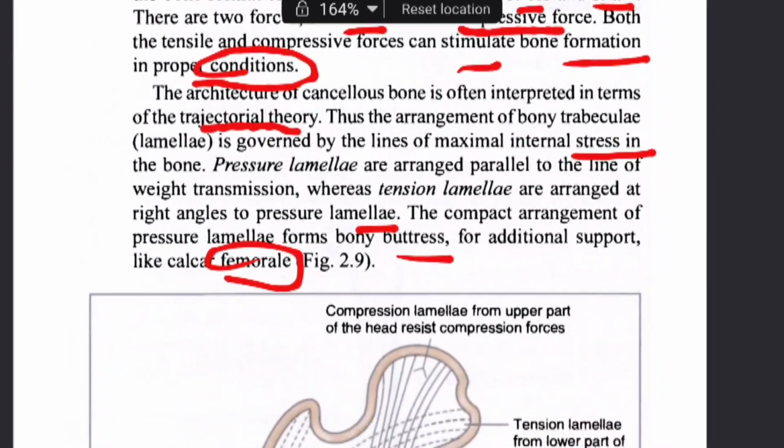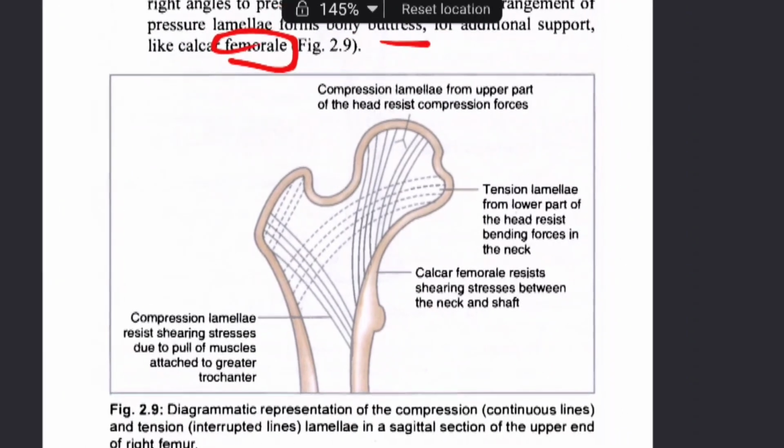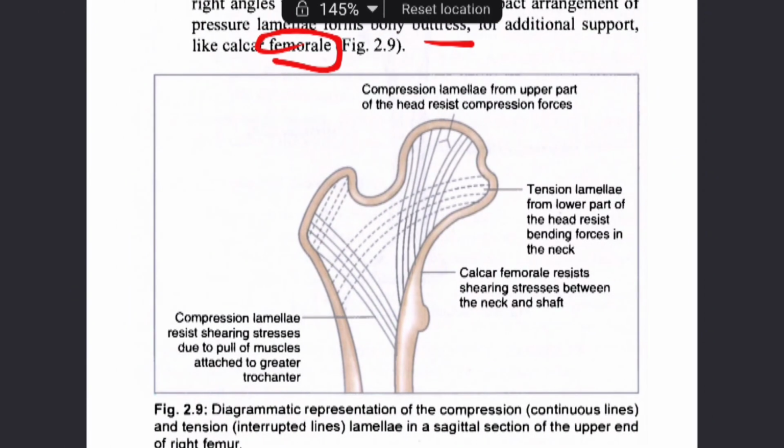So this is a very important concept, just focus on it. This is a bone, and they are telling about the arrangement of the lamellae according to the force. So focus here, this is the compression lamellae.